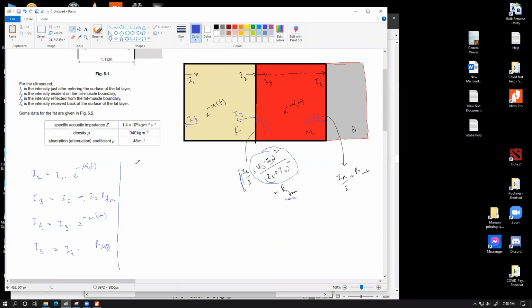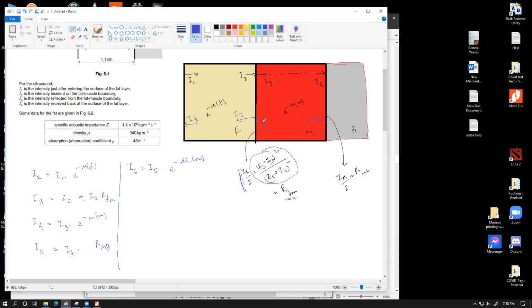So if I now try to define I6 would be the thickness reduced part for the muscle. That's pretty simple. This would be I5 multiplied by e to the power minus mu into muscle thickness. And then I7 is entering into the fat tissue.